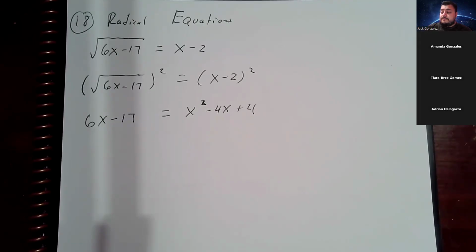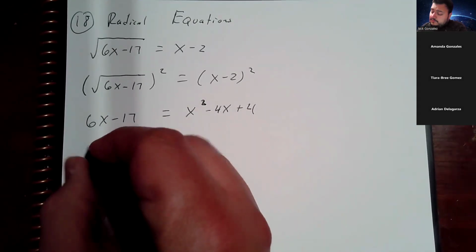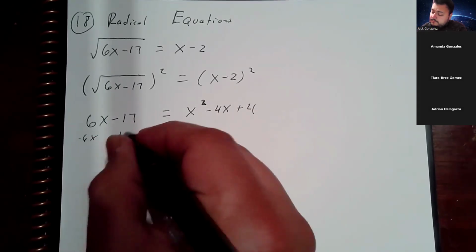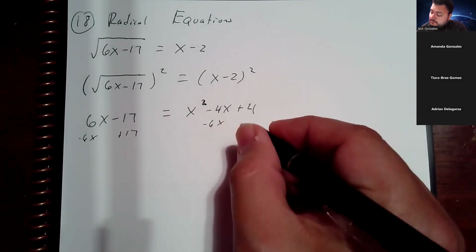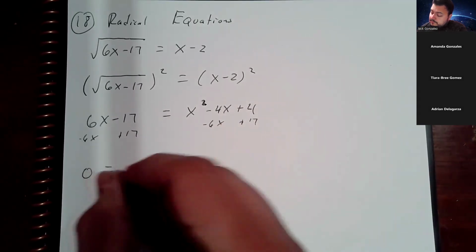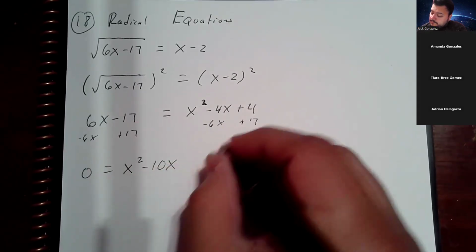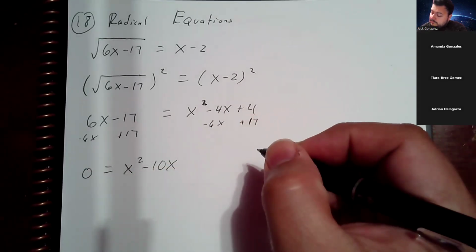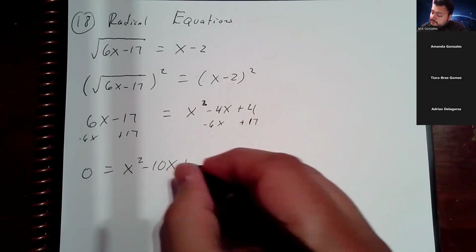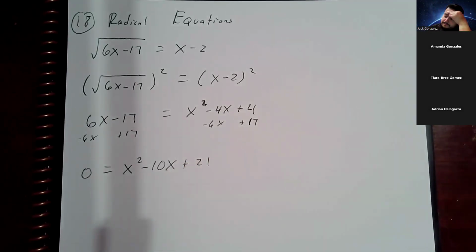Okay, you get extra solutions because we squared. So set it to 0. Let's move everything over. There we go.